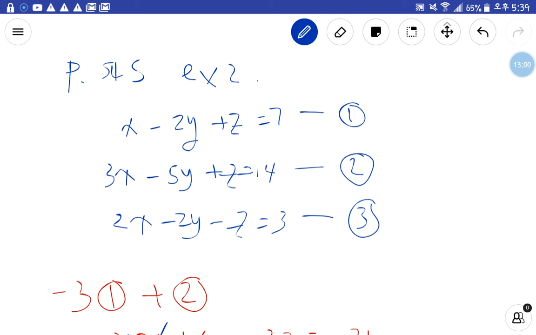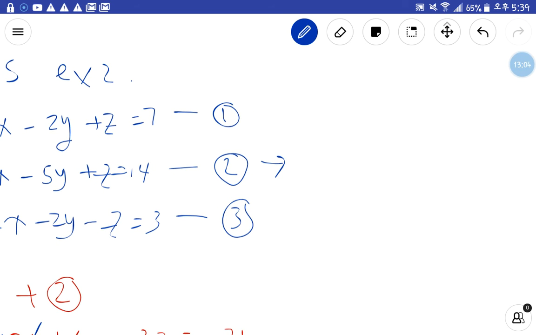That becomes, I'm going to write down right here, y minus 2z equals negative 7. And I have x minus 2y plus z equals 7. I don't change anything for my first one because you need 3 letters. Now the second one, I changed it into y and z.